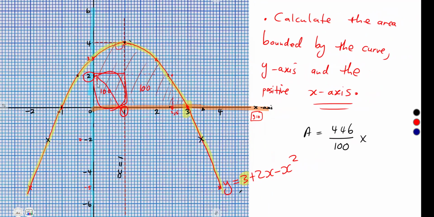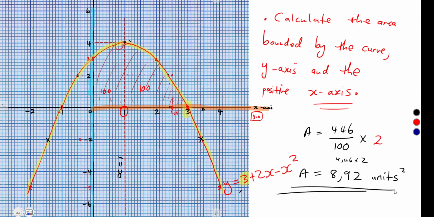So that's 1 times 2, which is 2 square units. So we put the area: 446 divided by 100 times 2, which is 8.92 square units. So that is our area, just like that.